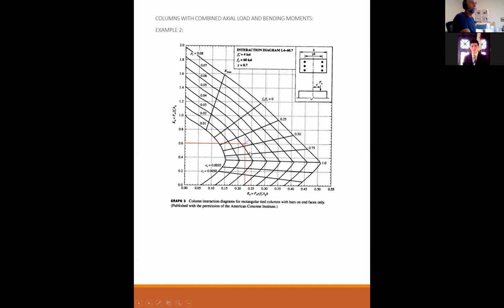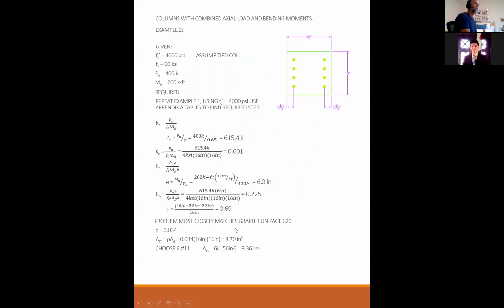The lower diagram is a rho of 0.03. The upper bound is 0.04. So what I did is I drew a perpendicular from the 0.03 to the 0.04 and interpolated, and I got about 0.034 from what you see on the screen right there.